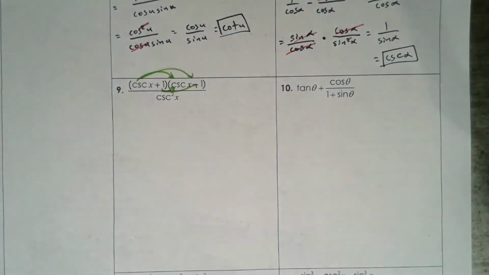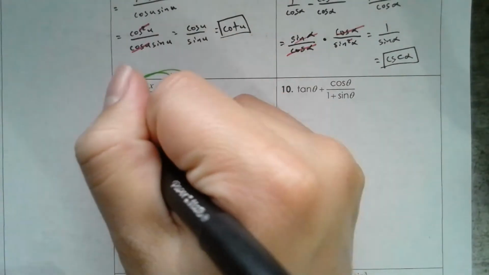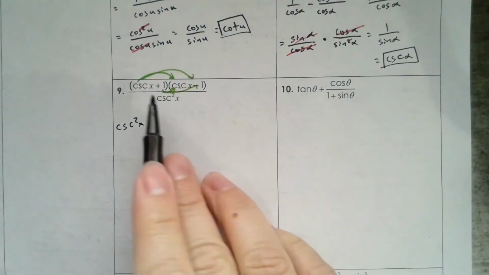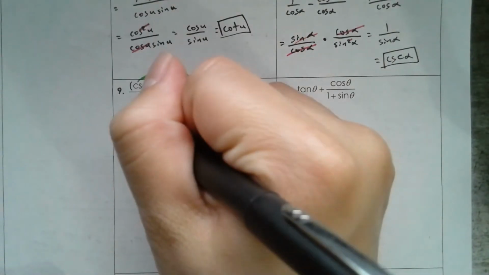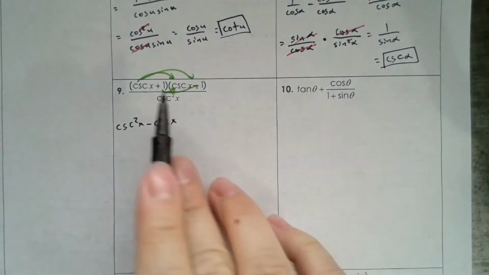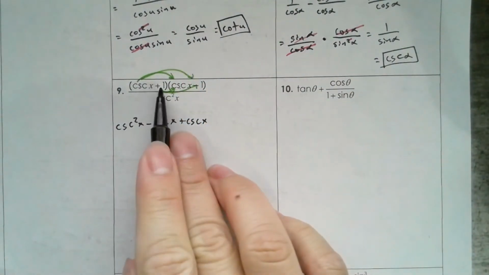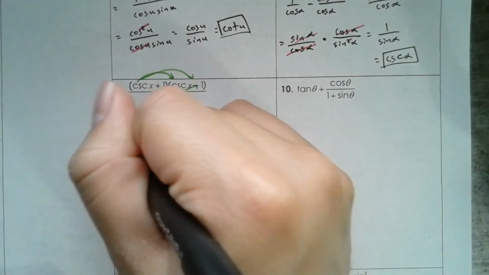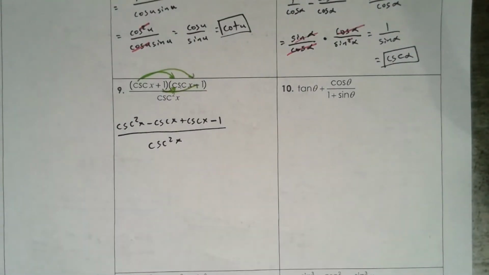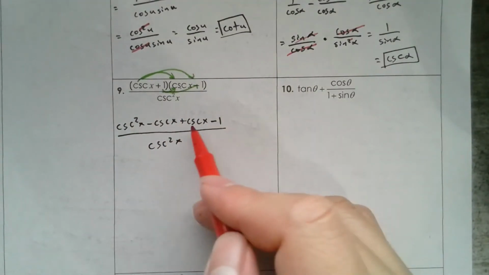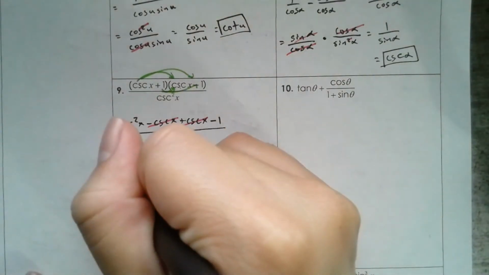Cosecant x times cosecant x is cosecant squared x, cosecant x times -1 is negative cosecant x, 1 times cosecant x is positive cosecant x, 1 times -1 is -1, all over cosecant squared x. Negative cosecant and positive cosecant cancel out, so I'll have cosecant squared x minus 1 all over cosecant squared x.